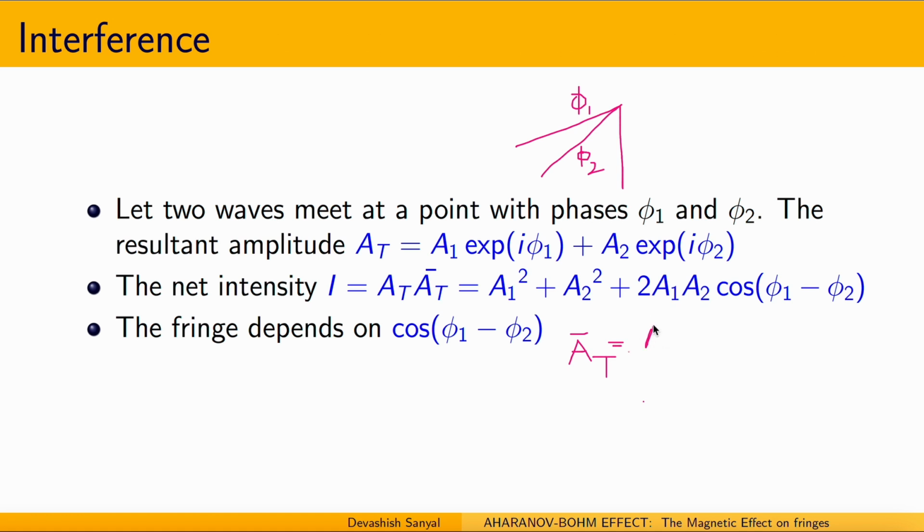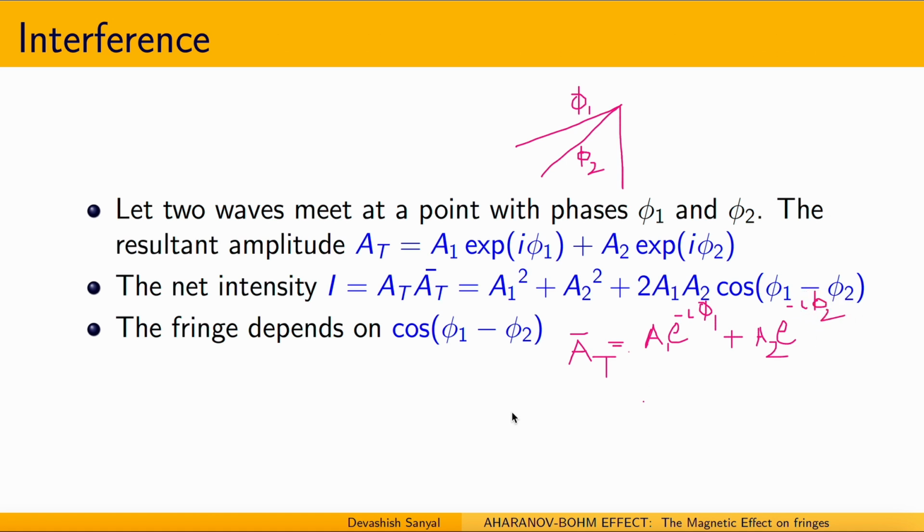AT bar is given by A1, which is a real number, e to the power minus i phi 1, plus A2 e to the power minus i phi 2.